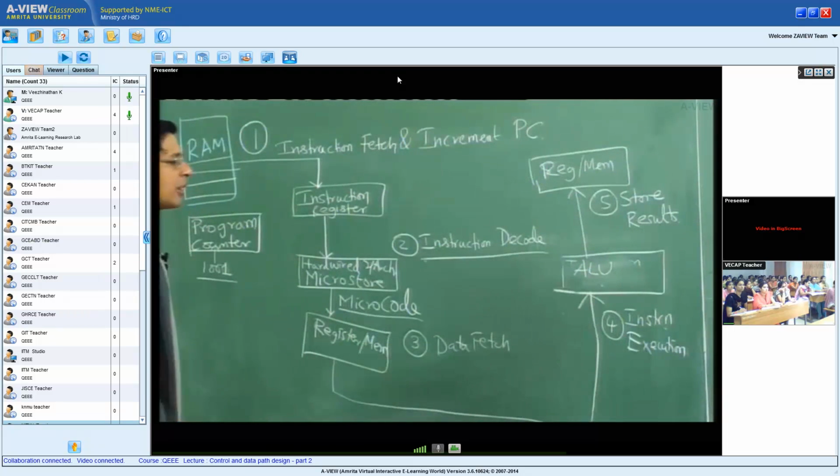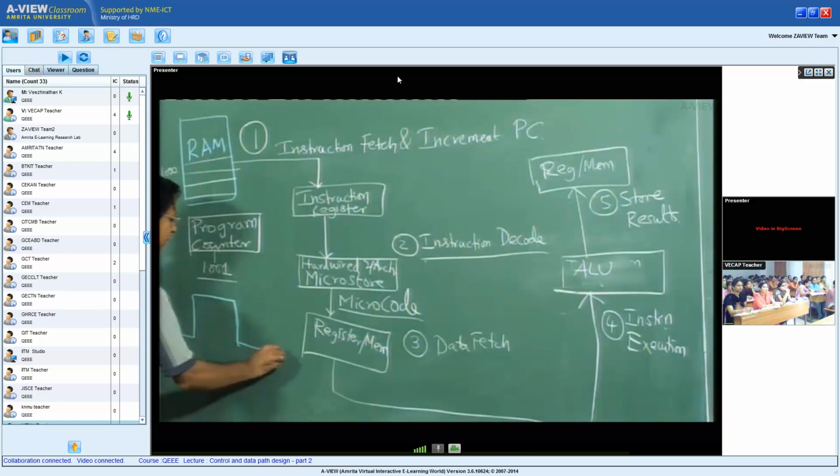Single cycle execution means that the clock, please understand this is very important, this is the clock that is fed into your processor.